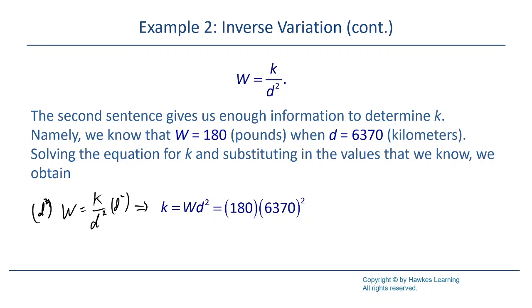In this one, I solved for k and then plugged in the values. Either way works out. It doesn't matter. So roughly 7.3 times 10 to the ninth. So our k factor in this case is extremely large.